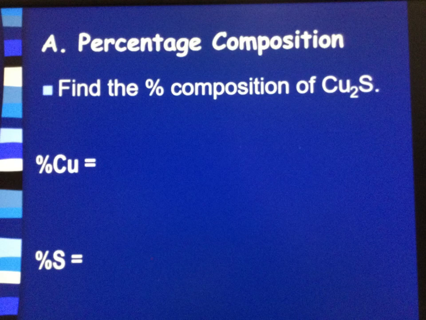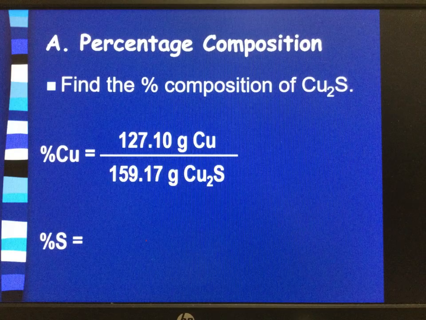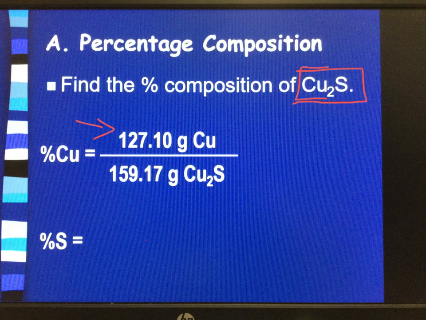Okay, so let's get a sample of copper(I) sulfide, and let's find the percent composition of each element. Okay, so the top number is the total mass of copper times 2, because you have 2 coppers. And then the total mass of the whole compound is at the bottom. Okay, so now what is your next step?